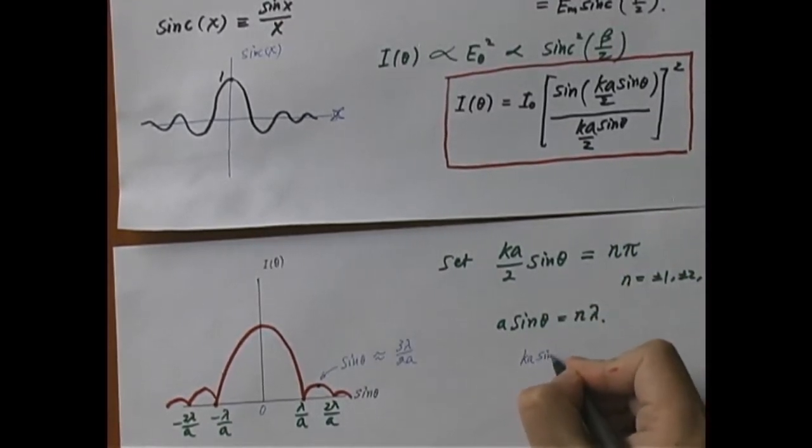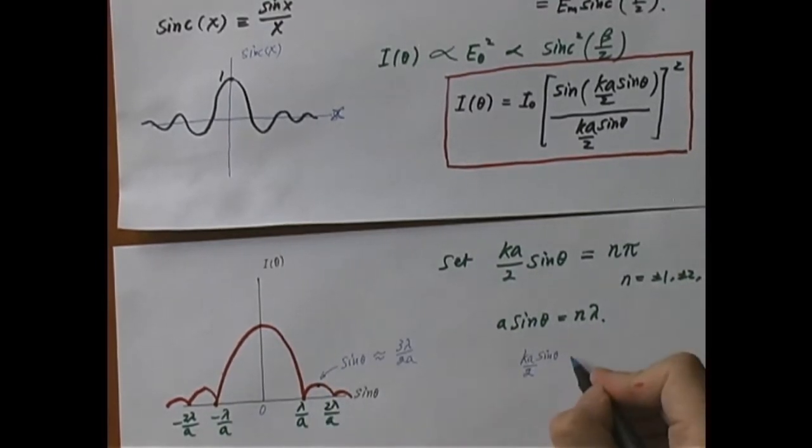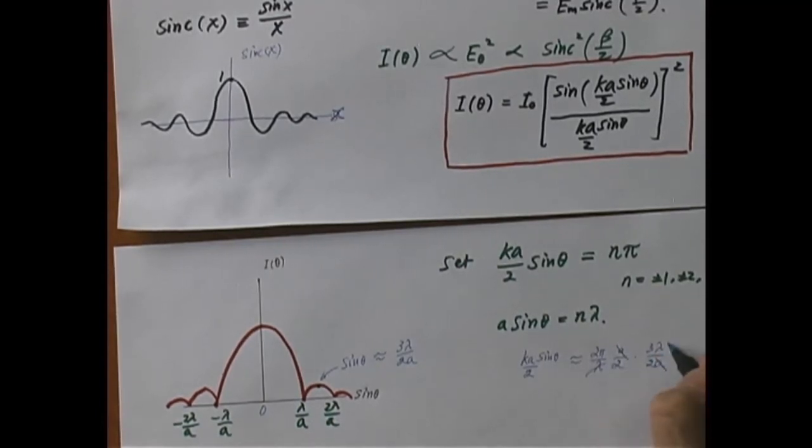K a sine theta over 2 at that point is roughly equal to 2 pi over lambda, that's K, times a over 2, and then don't forget sine theta is 3 lambda over 2a. Now you cross out a's, cross out lambdas, cross out a bunch of 2's, and what do you get?